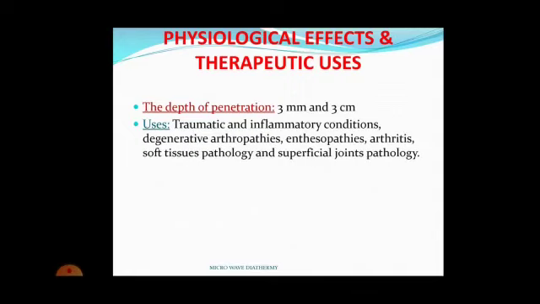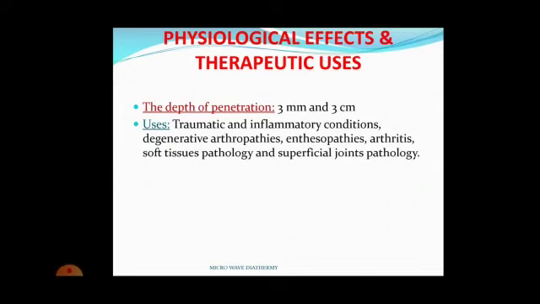So pain and inflammation over the attachment of tendon or ligament to bone is known as enthesopathy. Arthritis is nothing but inflammation of joints, and other soft tissue pathology is nothing but pathology related to soft tissues like muscle, ligament, joint capsules. In these pathologies also microwave diathermy will be useful, as well as a few superficial joint pathologies.